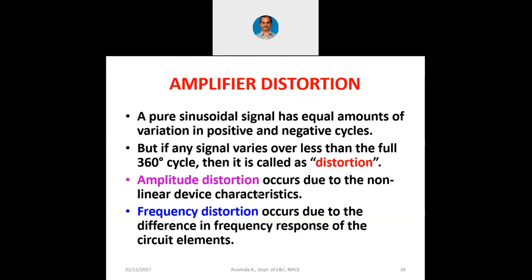So amplitude distortion can occur due to the non-linear device characteristics, and frequency distortion can occur due to the difference in frequency response of the circuit elements. In module 3, we have seen how frequency response also remains non-ideal because of the internal as well as external capacitances and resistances. So there can be amplitude distortion also, there can be frequency distortion also. In the next slide, I am going to show you the example.